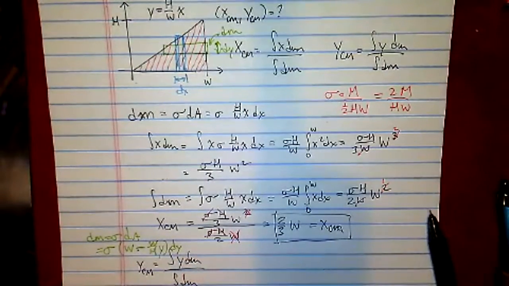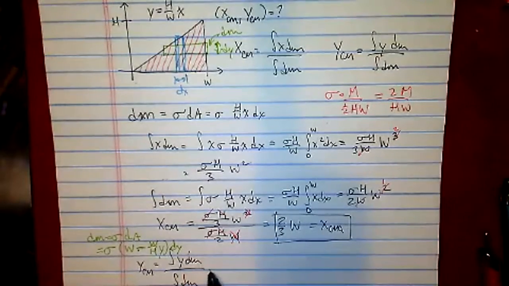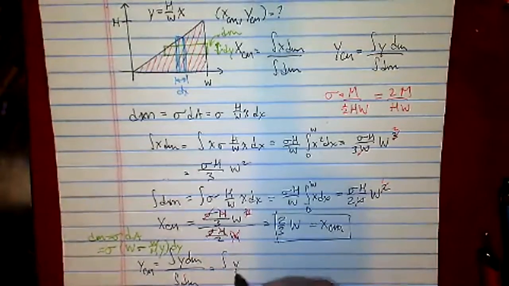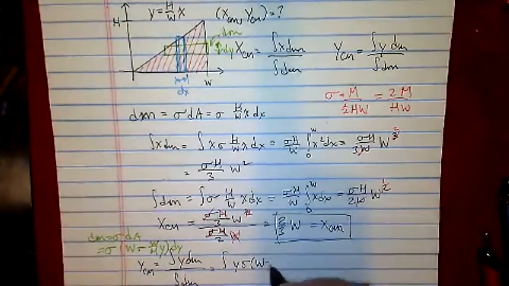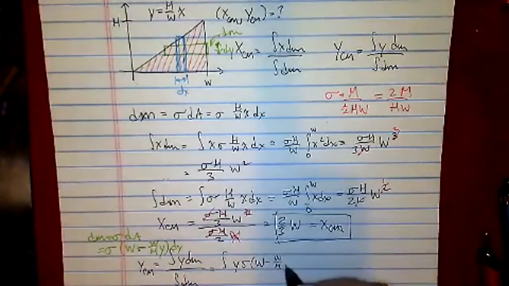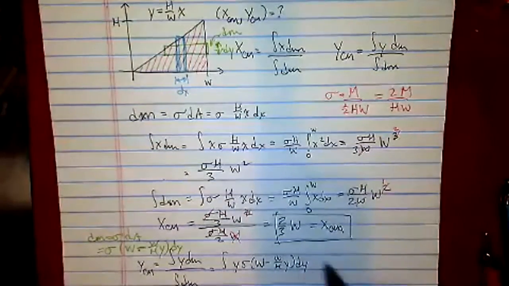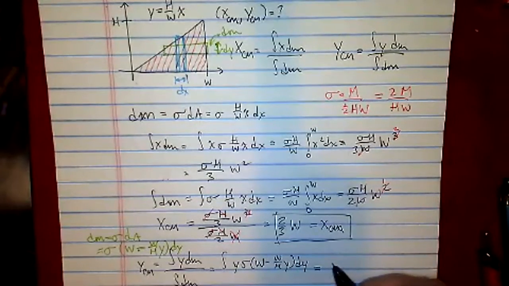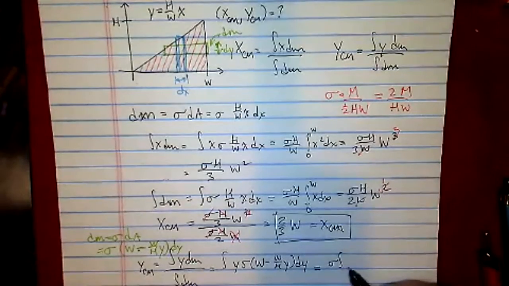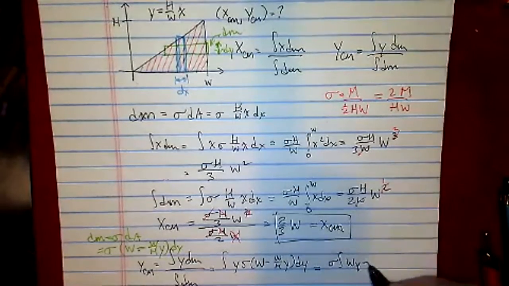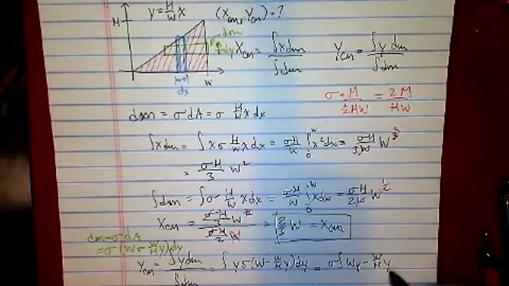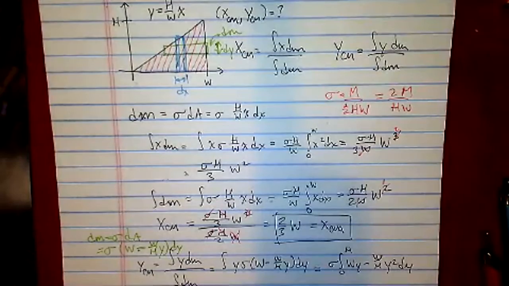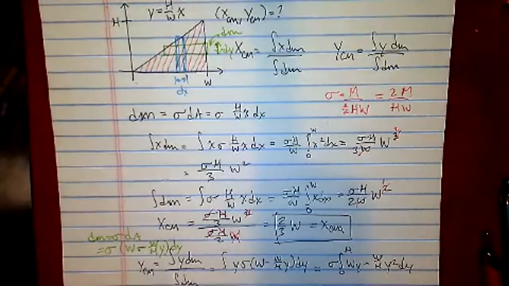So I will carry out this integral, and I'll do them both simultaneously in this case. So I put in the integral, which is y times sigma w minus w over h y dy equals, pull out my constant sigma, integral of wy minus w over h y squared dy, again from 0 to h. And continuing on, I'll work the bottom in a second.